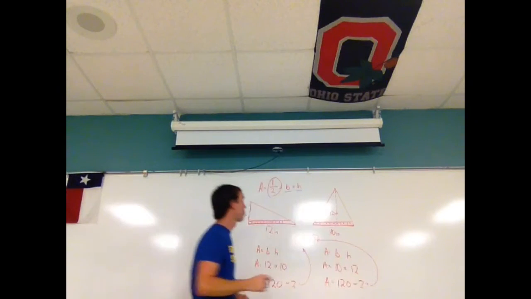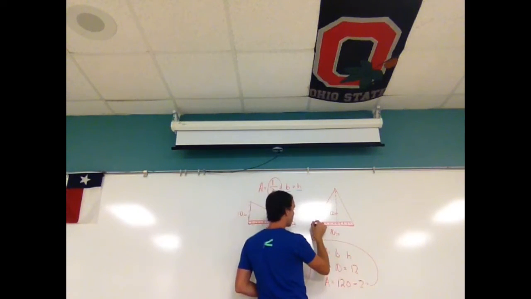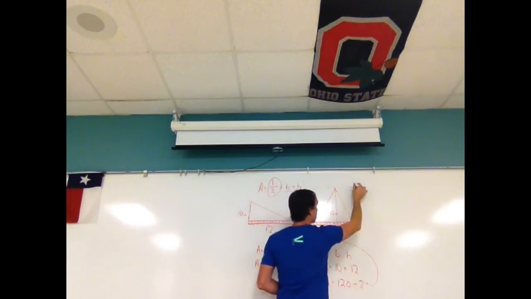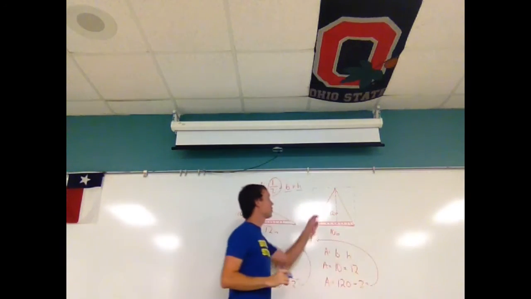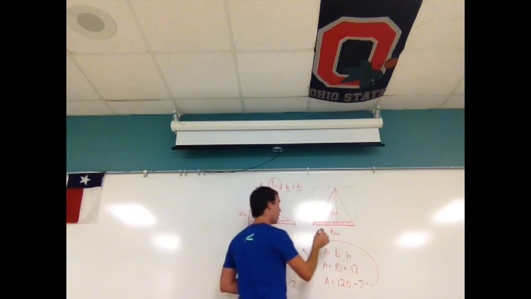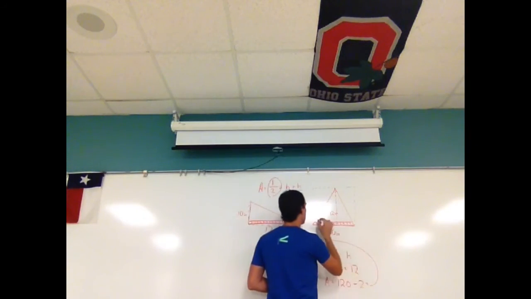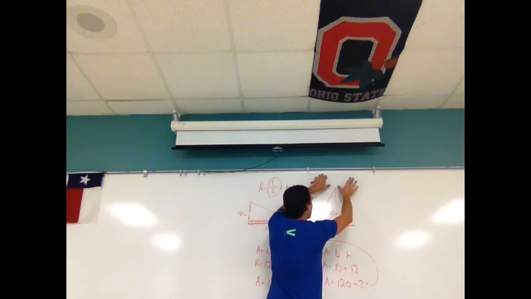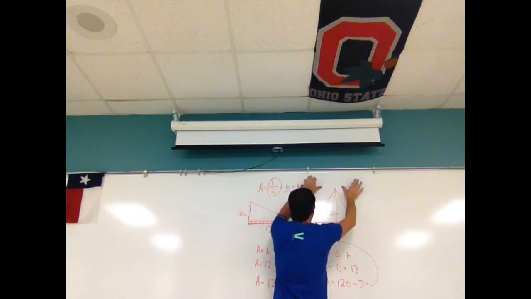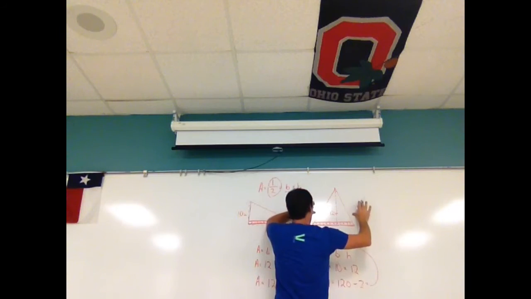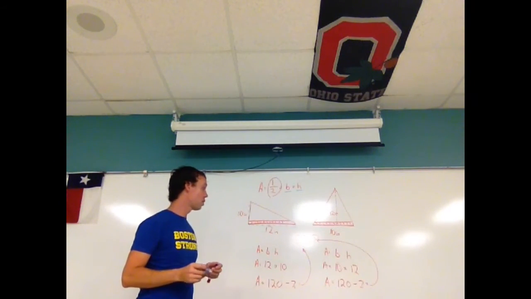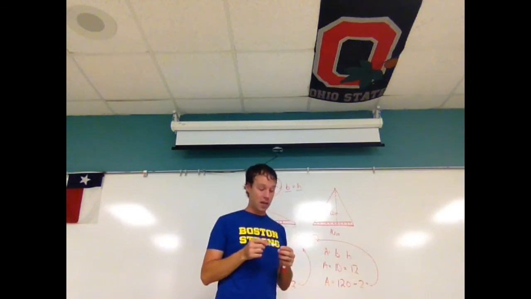Same thing over here. If I split it in the middle, and I put one piece over here and one over here, I've created another rectangle, a rectangle that is 10 at the base and 12 at the height. If I divide that rectangle by 2, what I've done is I've created a triangle.